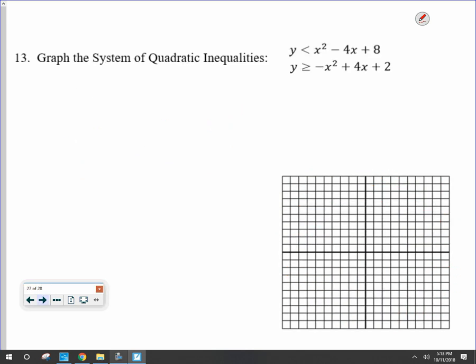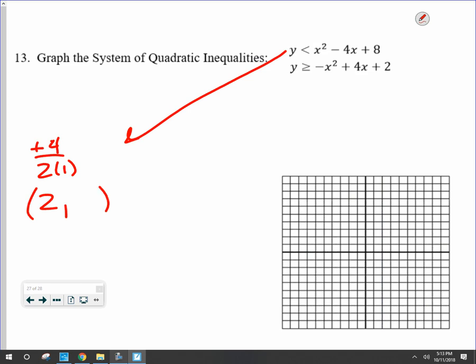For the system, I have 2 that I now have to graph, and those of you that like using color, this would be an opportunity for you to do one in one color and one in another. Negative b over 2a, so I end up with 2. Plugging 2 back in there, I end up getting 4. So the point 2, 4 is the vertex.